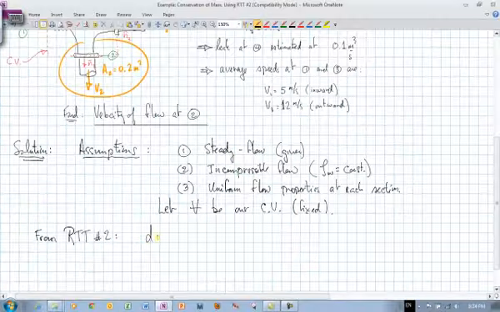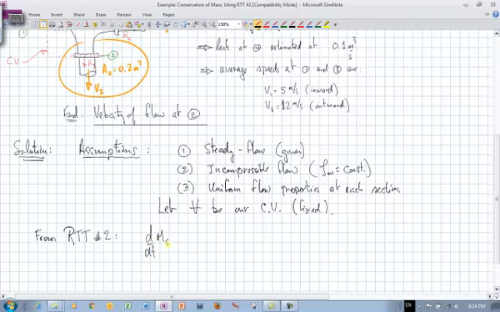And we have that the rate of change of mass of the system with respect to time, by continuity, conservation of mass, is 0.